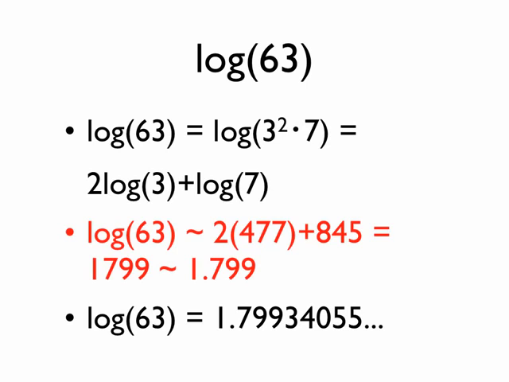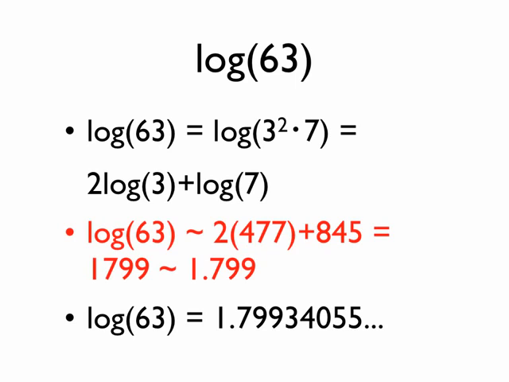Now, if you want to multiply 2 times 477, it could be a little tricky to do in your head. There are some tricks to doing this. One way to do it is to know that 477 is 500 minus 23. So you want to multiply that by 2. That's like 1,000 minus 46, which would be 954.